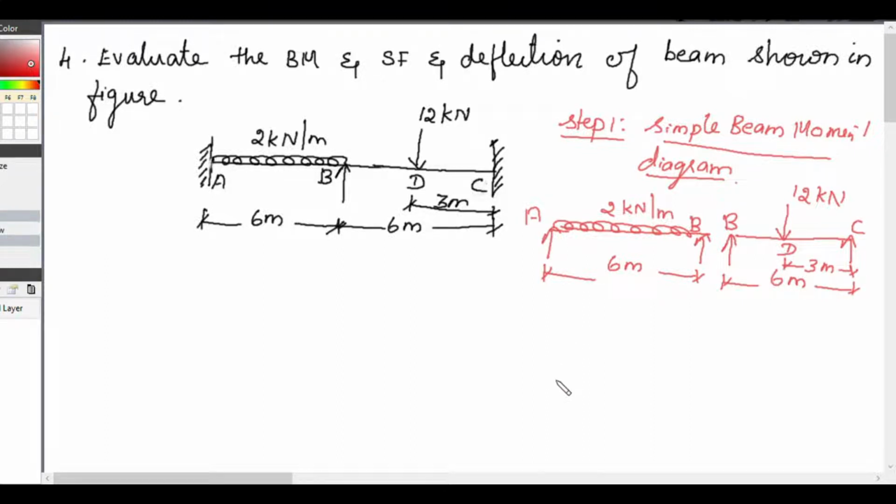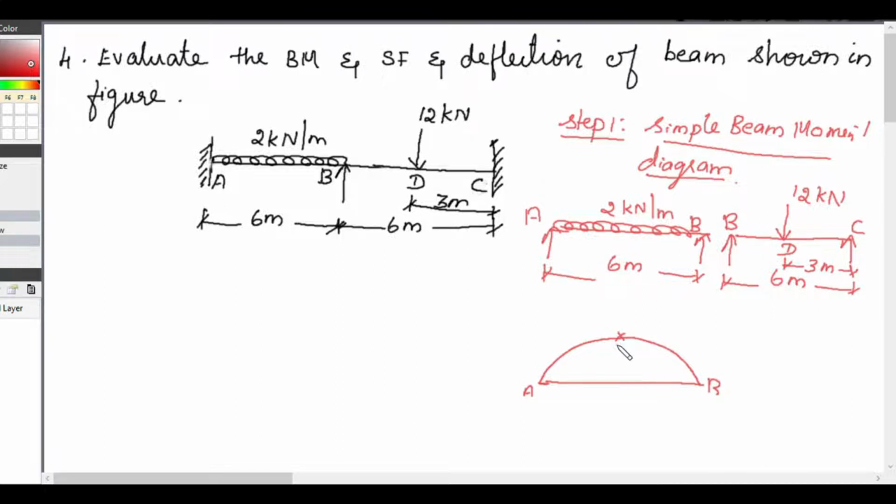Now we will draw the simple beam moment diagram. So we are assuming the ends are simple supports, so that when it is subjected to a UDL, our bending moment diagram will be a parabola.